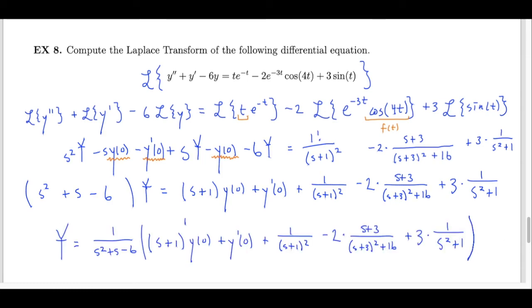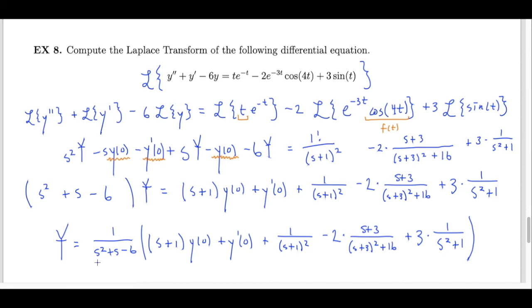Okay, so I admit that this expression is a little complicated, but let me just give the general sense of what's going on here. I have divided through by this quadratic, and then I have all these terms here. So essentially, all of the terms on the right-hand side could be considered the Laplace transform of some function. I certainly recognize these as being Laplace transforms of a function because I just calculated them as Laplace transforms.